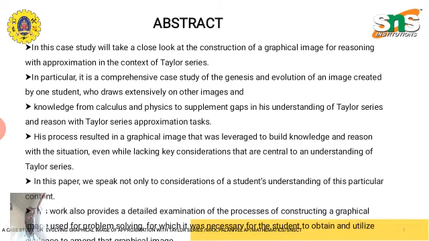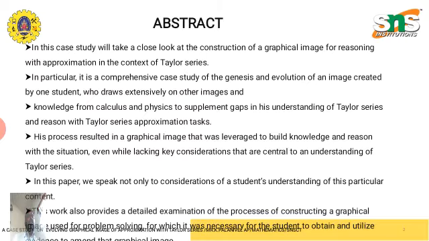In particular, it is a comprehensive case study of the genesis and evaluation of an image created by one student, who draws extensively on other images and knowledge from calculus and physics to supplement gaps in his understanding of Taylor series and reason with Taylor series approximation tasks.